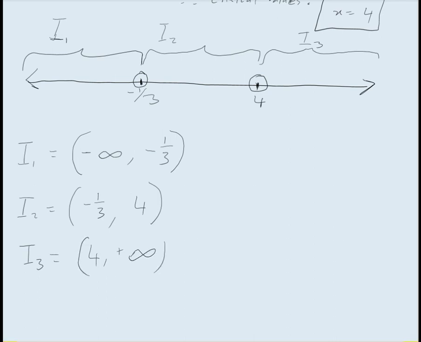So what we normally do is pick random values from each interval and see if they satisfy the inequality. From I1 we can pick any number from negative infinity to negative a third. So let's just pick negative 1, because to make life easy, we just pick an easy value.